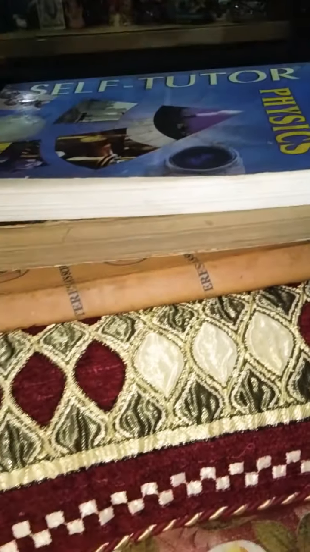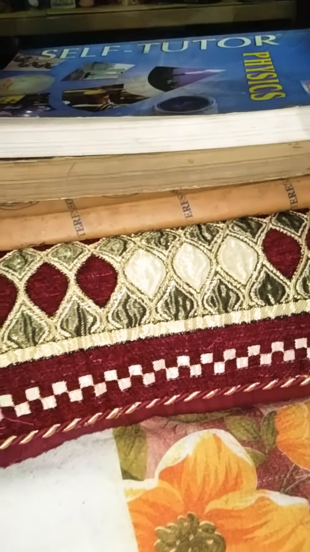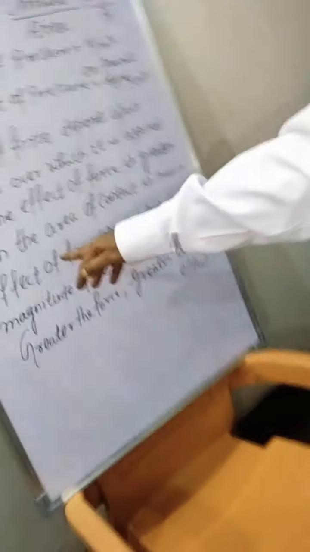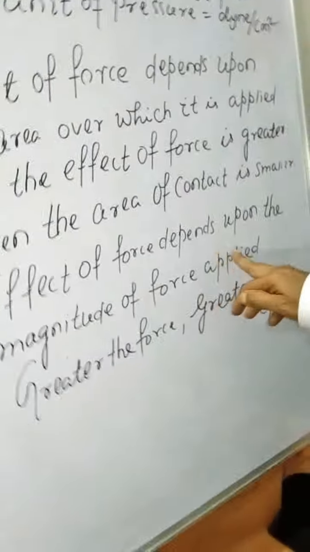If once again I put one more book, what will you see? Again it is going more deep. Thus from this experimental activity, what do we observe? We observe that the effect of force depends upon the magnitude of force applied.